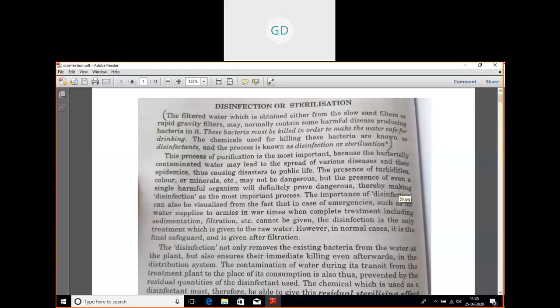The water is very turbid. It has color, it has odor, it has a high pH value. Everything is there. All suspended impurities are also present, and that is beyond the permissible limits.